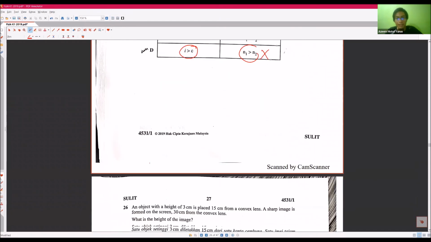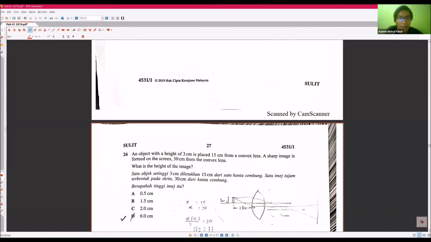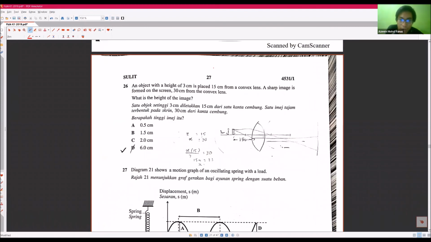Number 26. An object with a height of 3 cm is placed in front of a convex lens. So this topic is lenses, convex lenses. A sharp image is formed on the screen. What is the height of the image? This is quite complicated, but we need the formula here.